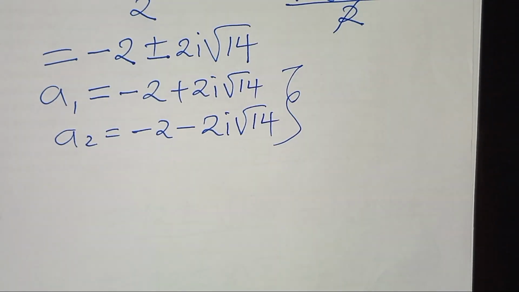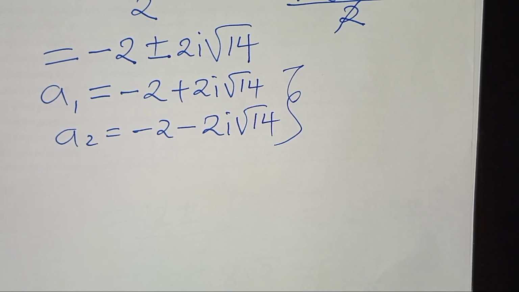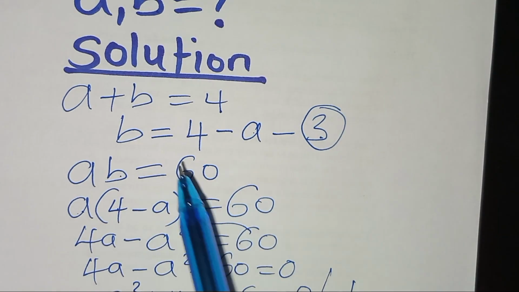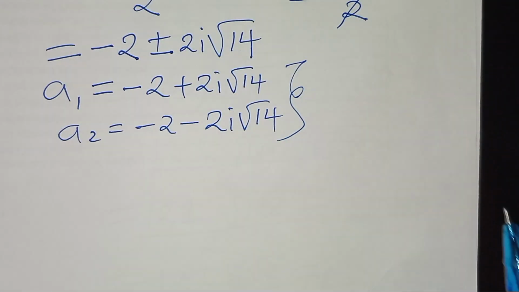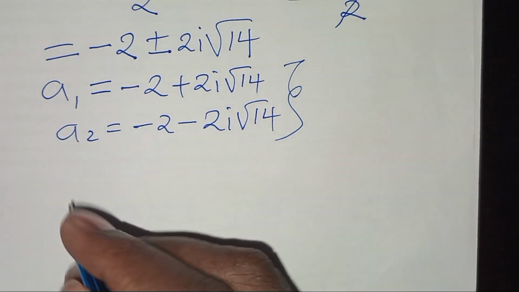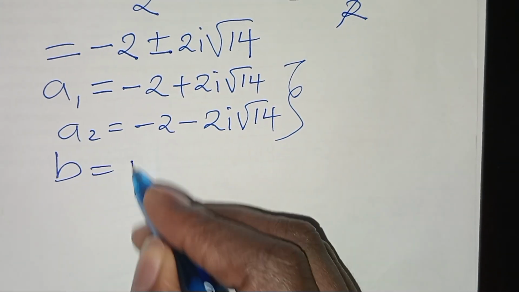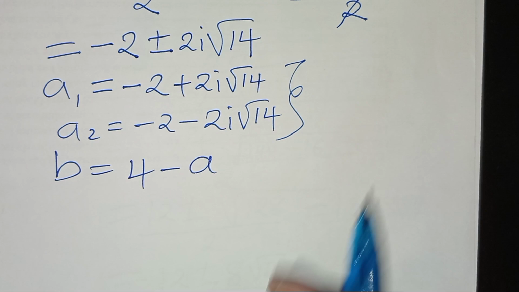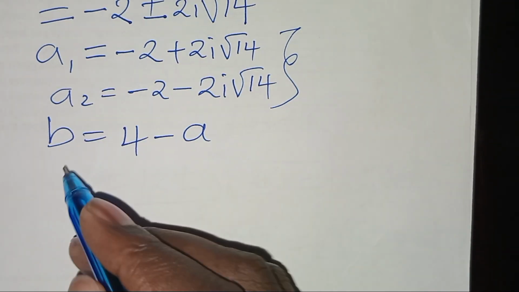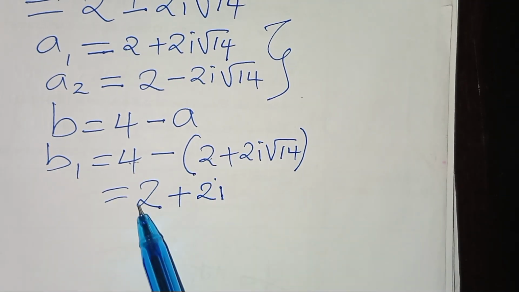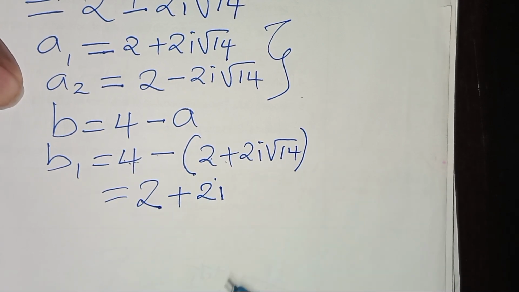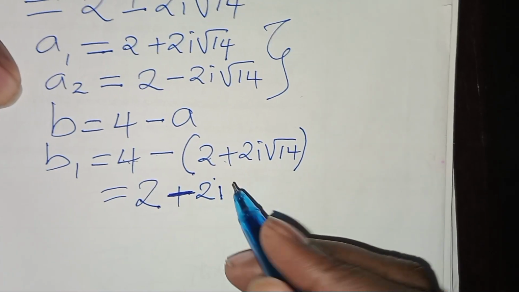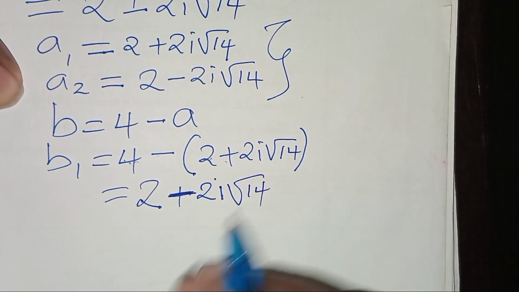So let's get the corresponding values of B. If you recall equation 3, we found that B is equal to 4 subtract A. Let's plug in A in equation 3. We have that B is equal to 4 subtract A. Substituting the value of A, this is 4 subtract 2, which is 2, then negative times positive 2i, which is negative 2i square root of 14.